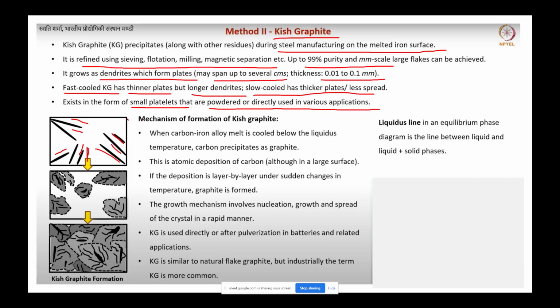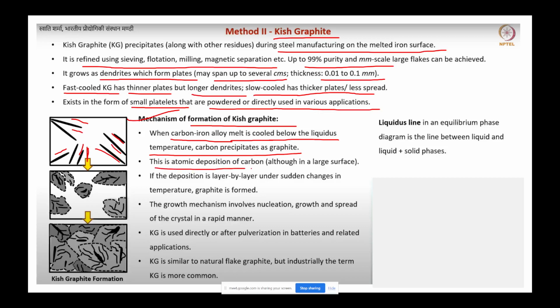So here, what is the mechanism of formation of Kish graphite? When carbon iron alloy, if you know the carbon iron phase diagram, then you will know how the carbon iron alloy will form. There will be a melt of the carbon iron alloy, and it is cooled below the liquidus line. Below the liquidus temperature, carbon precipitates as graphite.